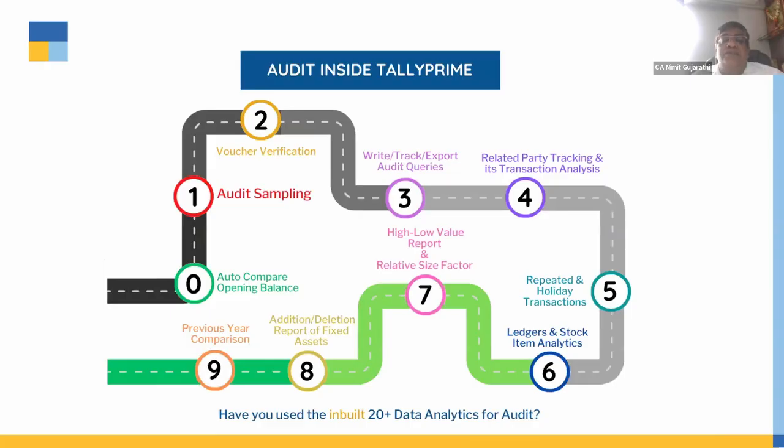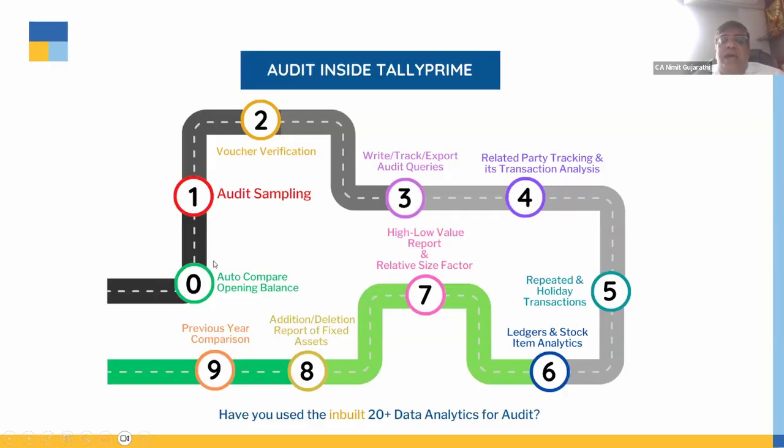So in a nutshell, I start my journey with auto compare, audit sampling, voucher verification, and then I track different audit queries. Then for reporting purposes, I do related party transactions. For further analysis, I do holidays, ledger and stock item analytics, relative size factors, addition and deletion of fixed assets, and previous year comparison.